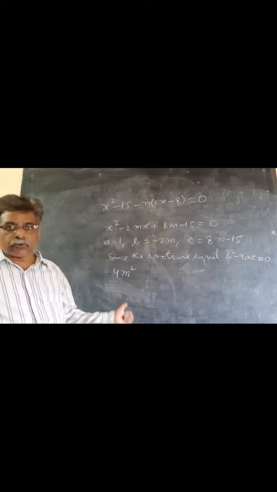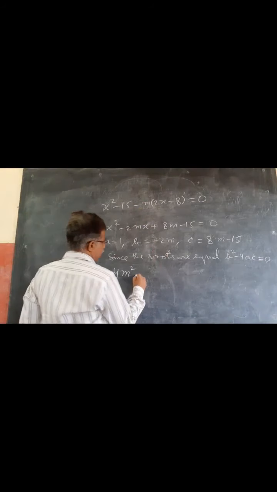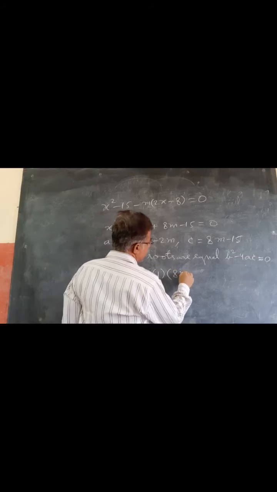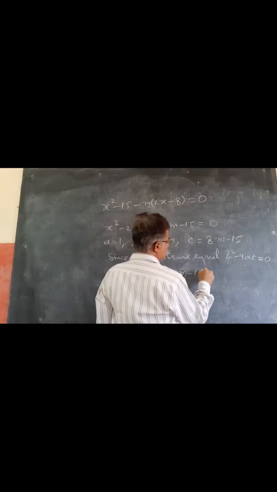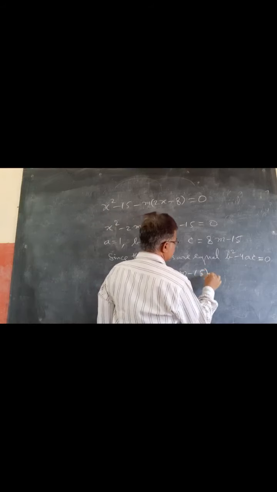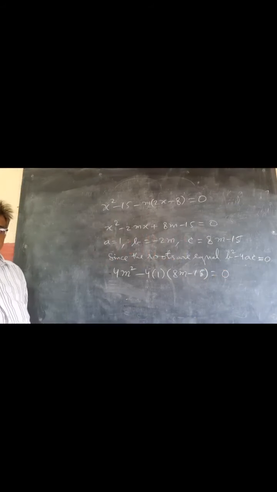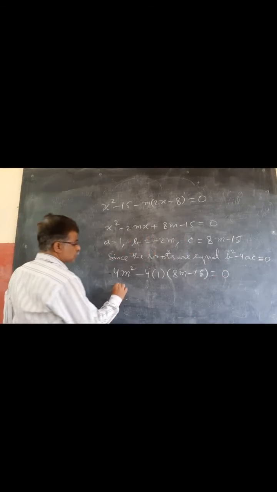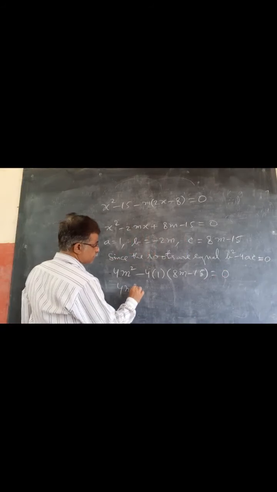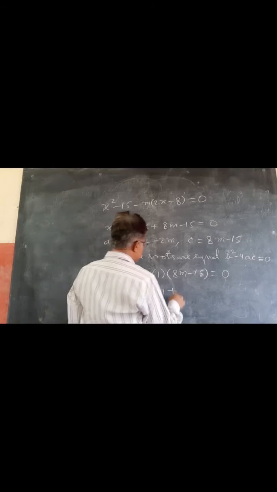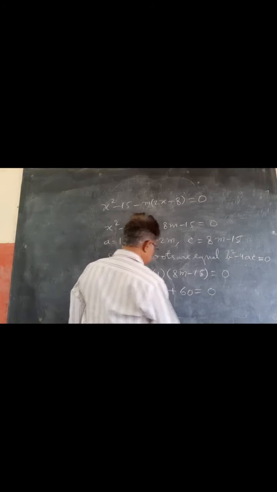Minus 4ac, 4 into 1 into 8m minus 15 equal to 0. So this becomes 4m square minus 4 into 8m, that is 32m, plus 4 into 15, that is 60, equal to 0.